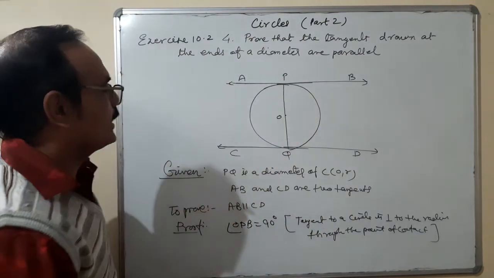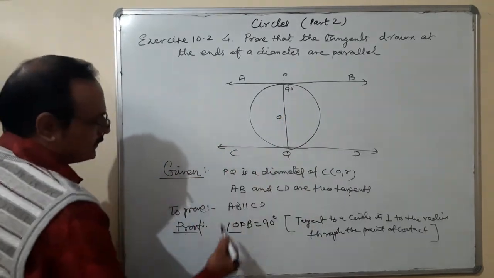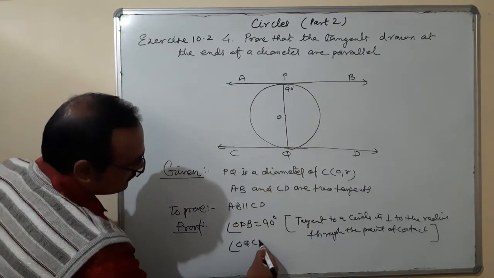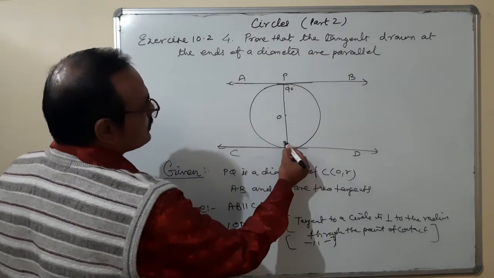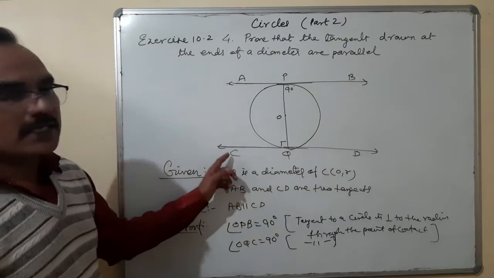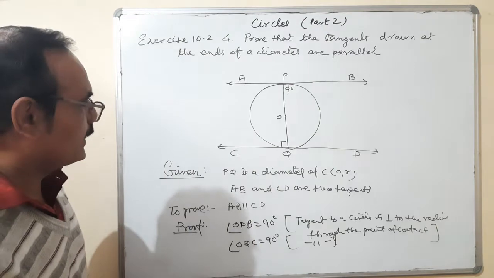Same as angle OQC is equal to 90, same reason: a tangent to a circle is perpendicular to the radius through the point of contact.